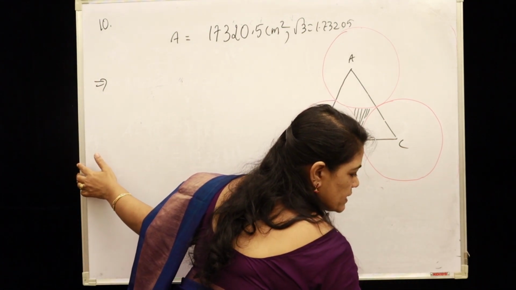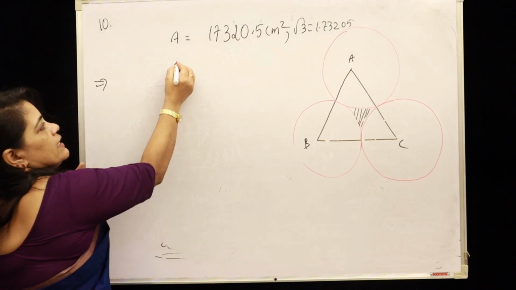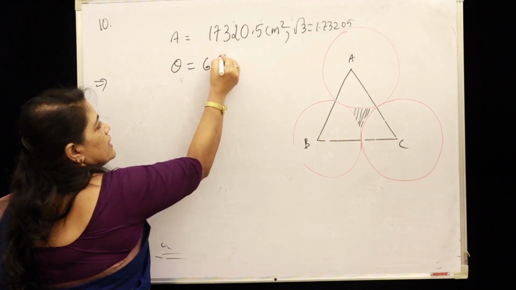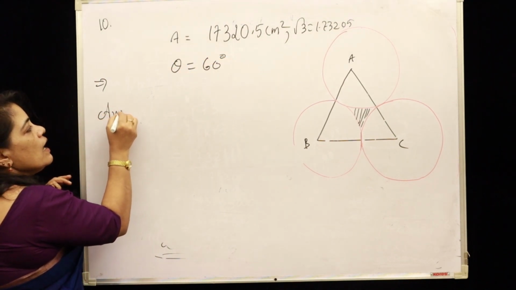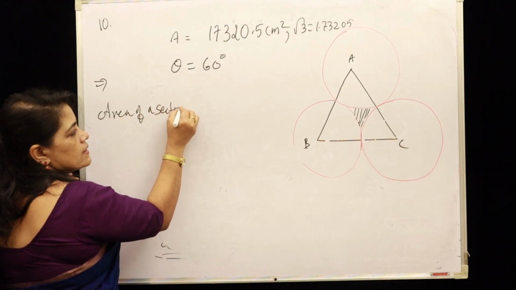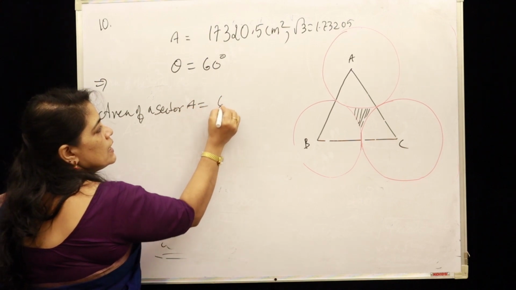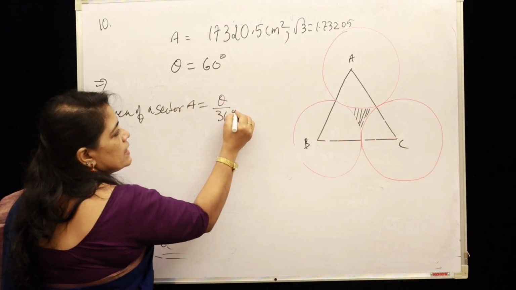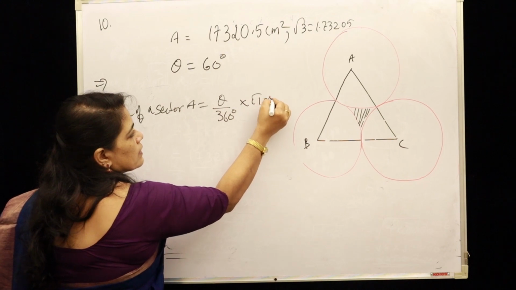Since we have an equilateral triangle, theta is equal to 60 degree. So area of a sector A is equal to theta by 360 degree into pi r square.